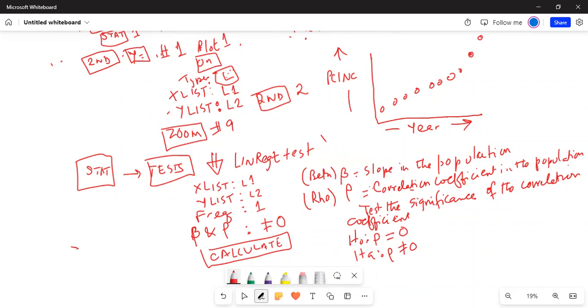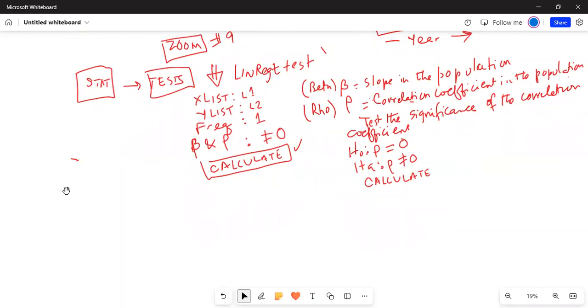So then you go to Calculate and hit enter. Remember, you hit enter after you go to Calculate. Okay. And you will see. So I'll move this a little bit up.